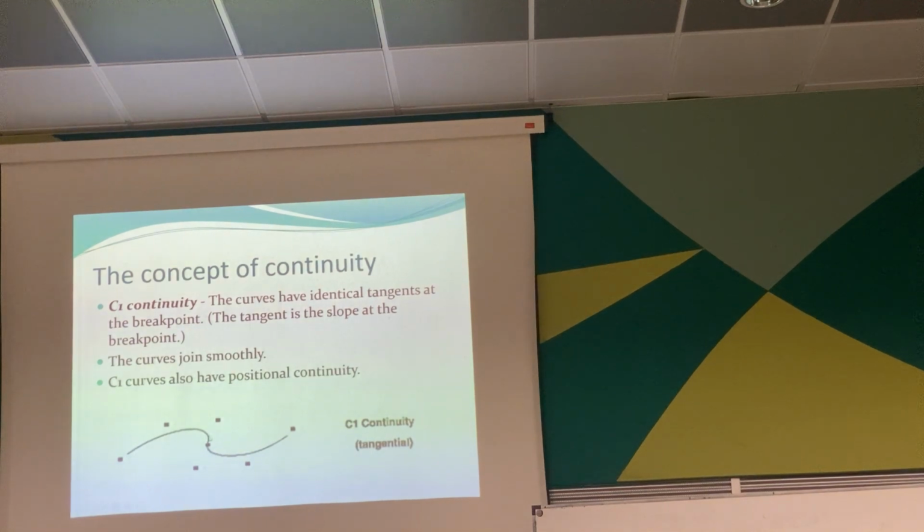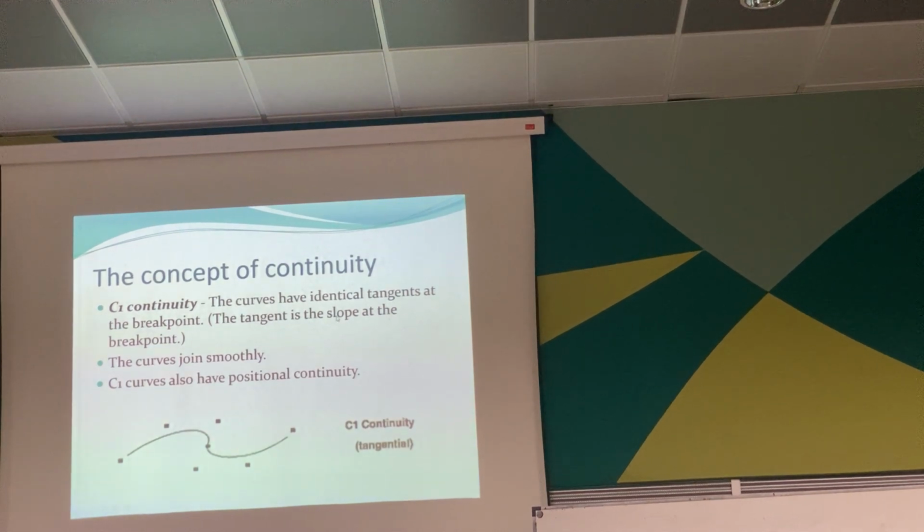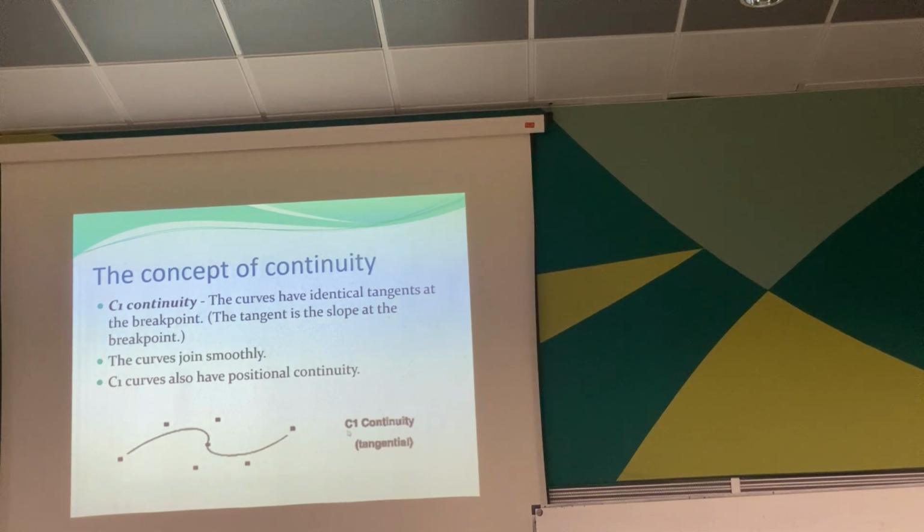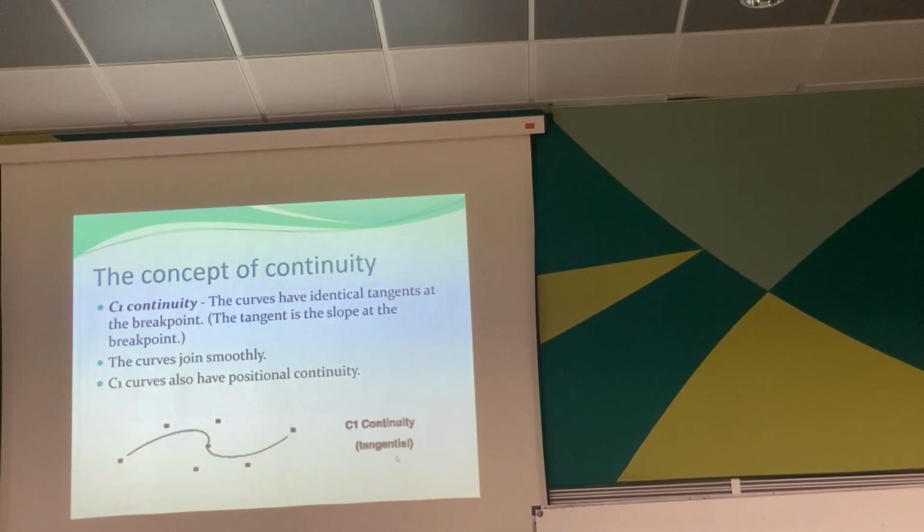Here the direction is the same. That is called the slope. The tangent is the slope at the breakpoint. So the slopes at the breakpoint are the same, and that's why the joint will look smooth. The curves join smoothly here. So not only positional continuity, it also has tangential continuity. This is called C1 continuity.